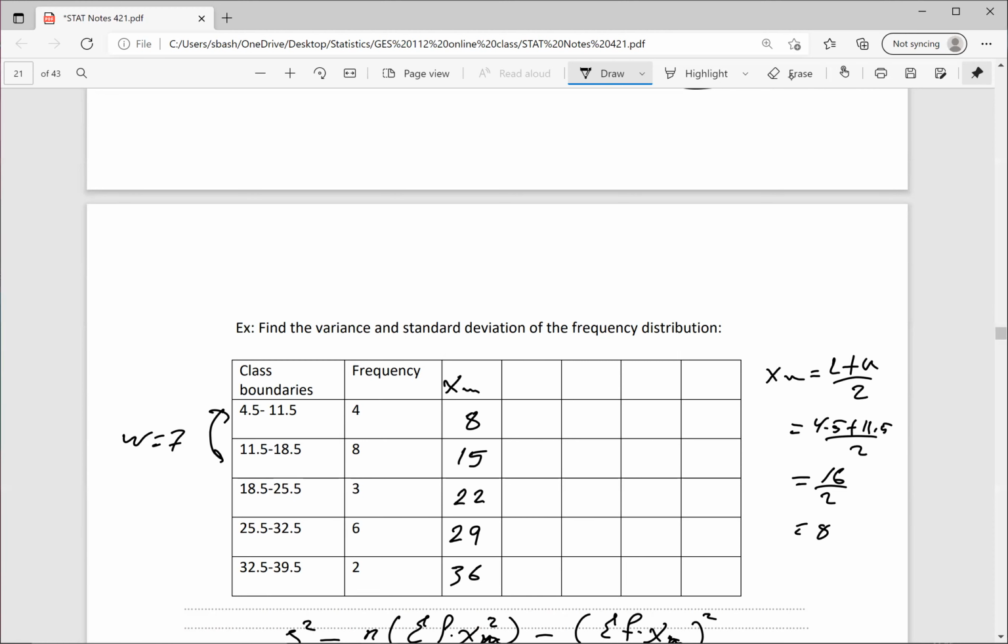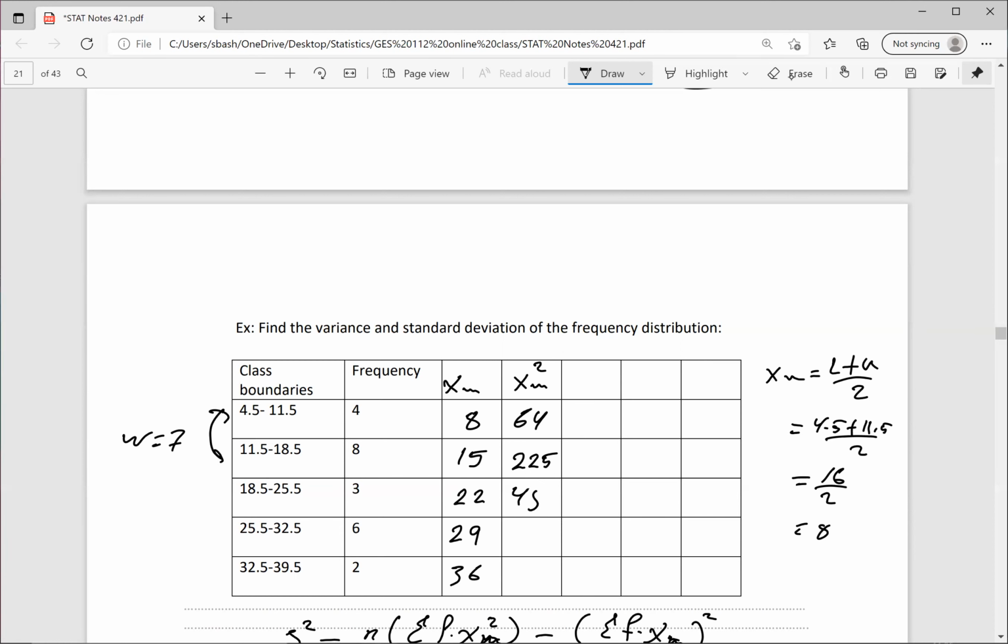Now let's square the midpoints. xm square: the first one gives me 64. The next one is 225. Next, 22 squared is 484.